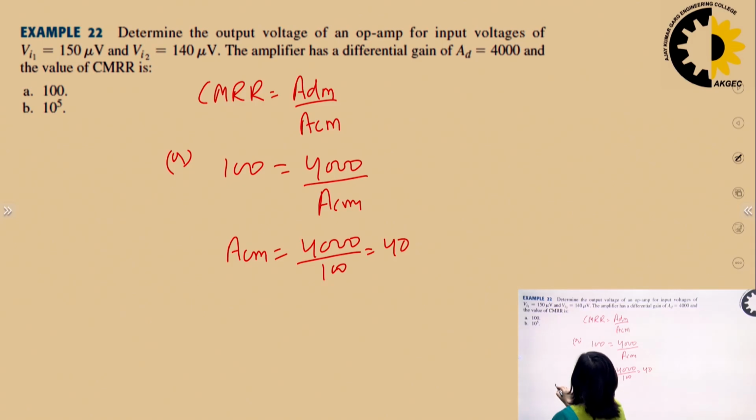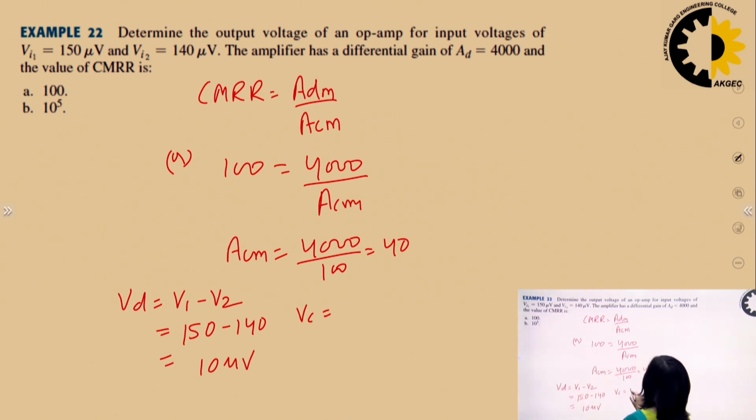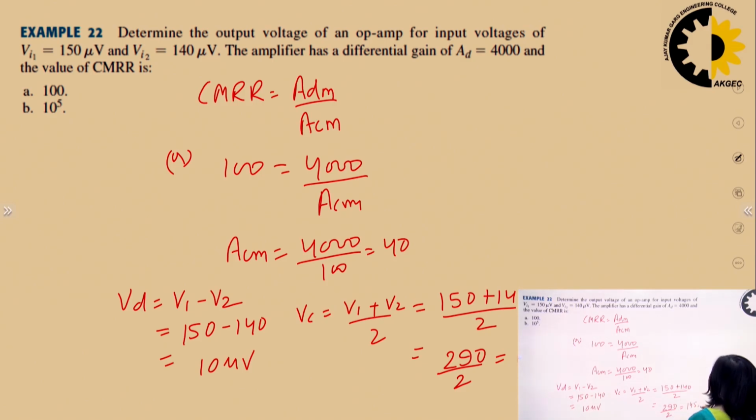Now VD will be equal to V1 minus V2, that is 150 minus 140, 10 microvolt, and VC is equal to V1 plus V2 by 2, that is 150 plus 140 by 2, so 290 by 2, that is 145 microvolt.